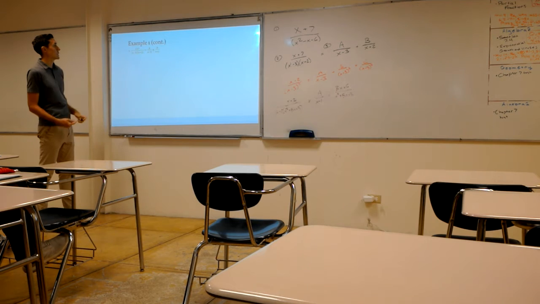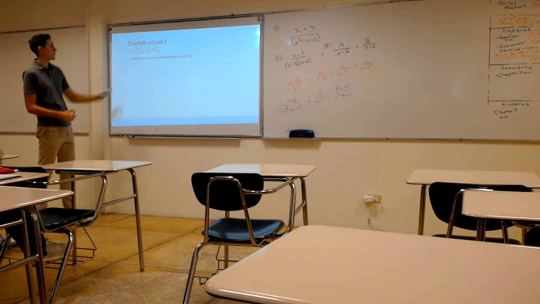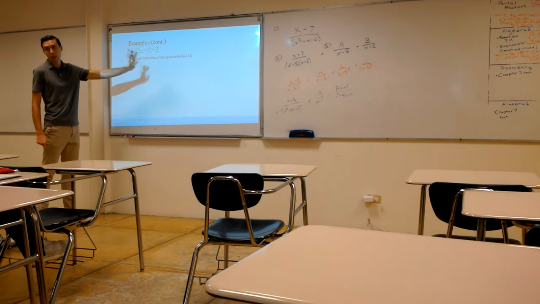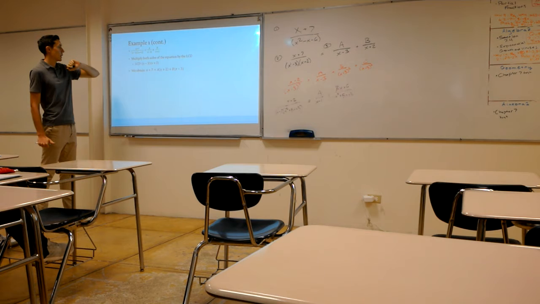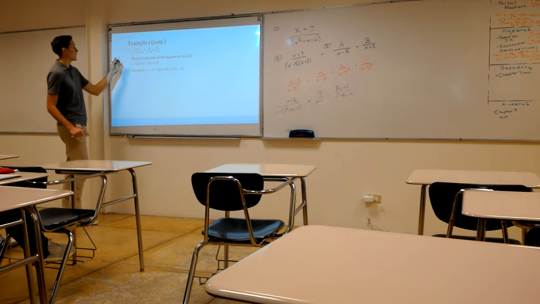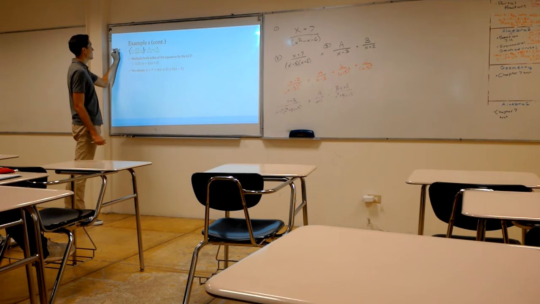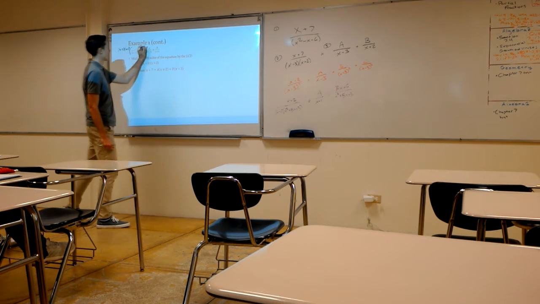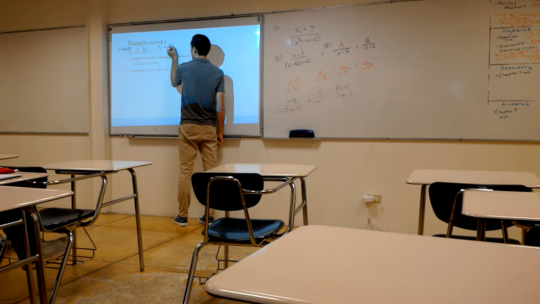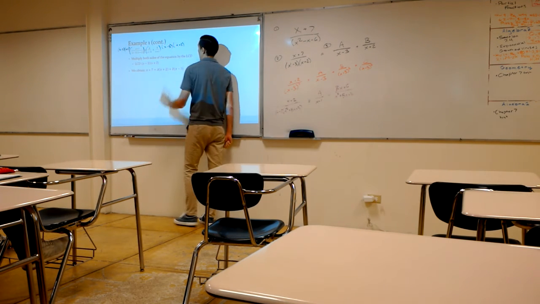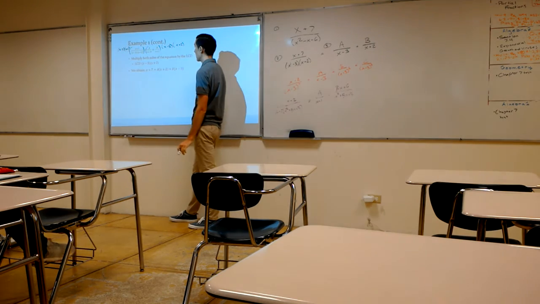Notice what happens if we multiply both sides by the LCD, which is just saying multiply both sides by this. Let's see if I have it written out. Here, I'll put it right here. So if I multiply both sides by x minus 3 times x plus 2, and we did a little bit of solving rational equations like this back in Algebra 2.